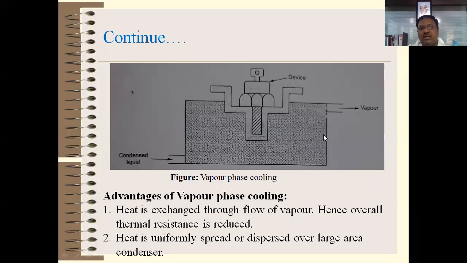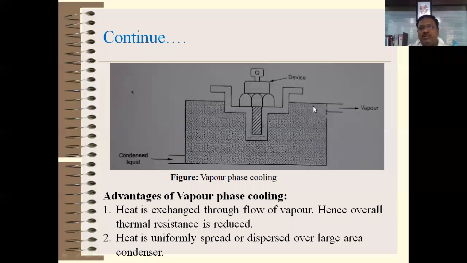So this is the system. If you see, this larger area is a tank in which the coolant is filled, and this is a heat sink, a device with heat sink directly immersed into the coolant. This coolant gets heated due to the heat sink, and after 47 degrees Celsius it starts to boil and generates a vapor, right?